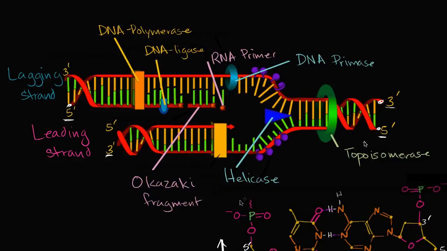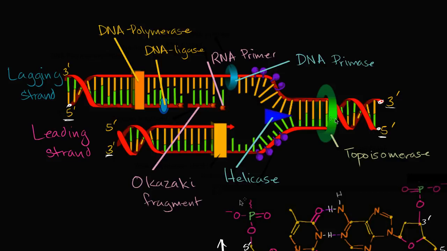Now the first thing, we've talked about this in previous videos where we gave an overview of replication, is the general idea that the two sides of our helix, the double helix, need to get split, and then we can build another side of the ladder on each of those two split ends.